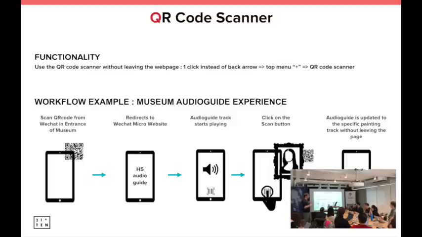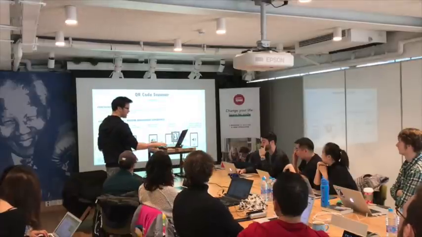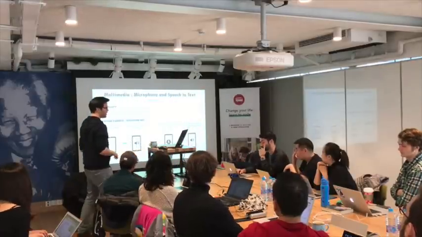One use case we imagined is a museum: you scan a web page, and then you have a micro application that allows you to scan QR codes nearby the paintings to get more information. That's a possibility we can do with the WeChat SDK.